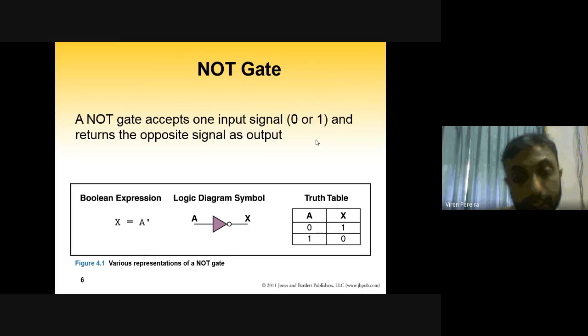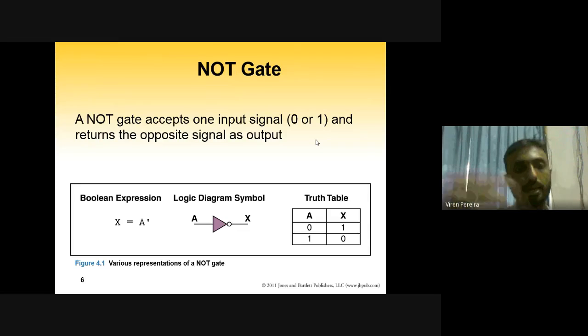So if A is 0, you get the output as 1. If A is 1, you get the output of 0. Coming back to the Boolean expression, X is the output and A is the input. So your output is equal to the opposite of your input, that is A dash.